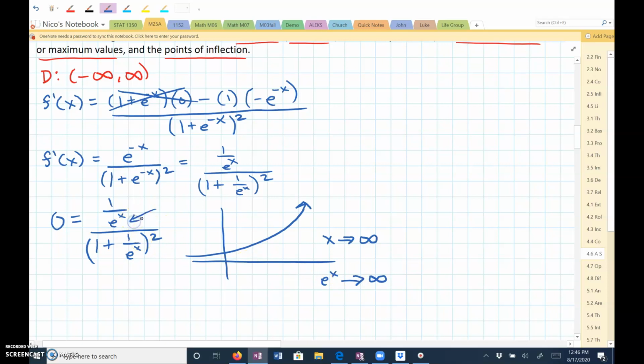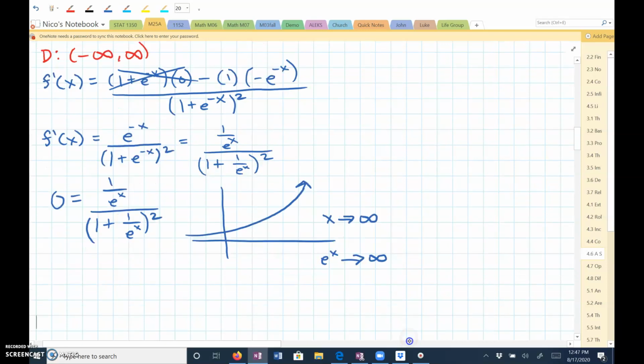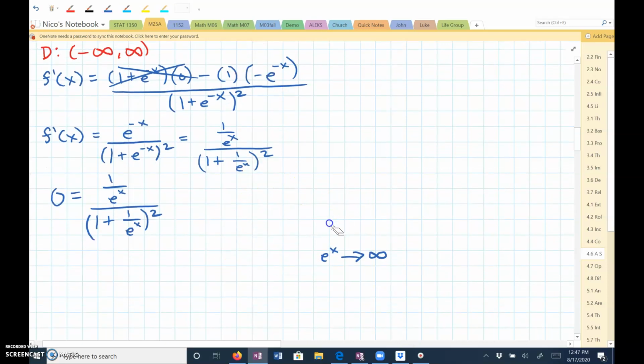When this is infinity, that becomes 0. But that's not a real number, so that's not going to work. So there's nothing that's going to work there. Okay, so there's nothing that is going to make this true.